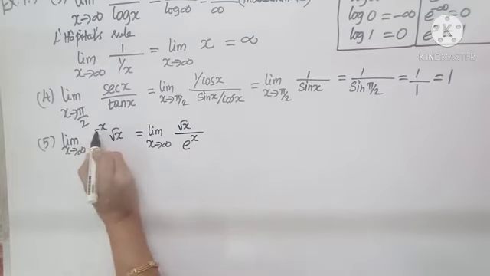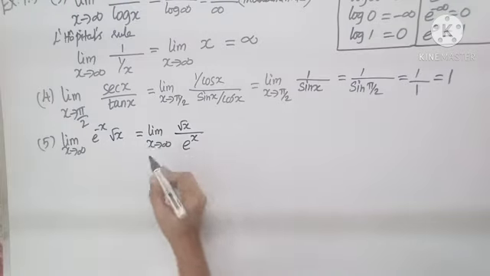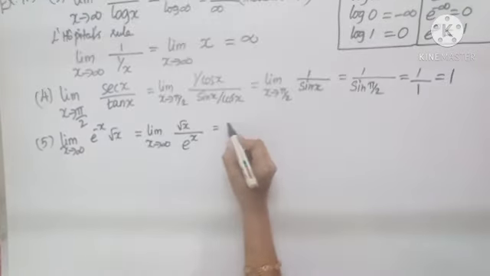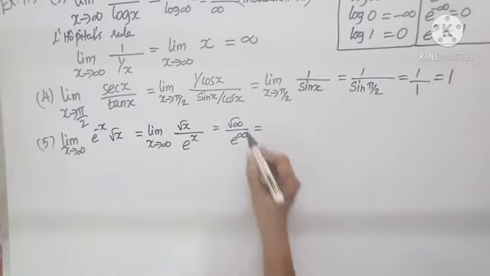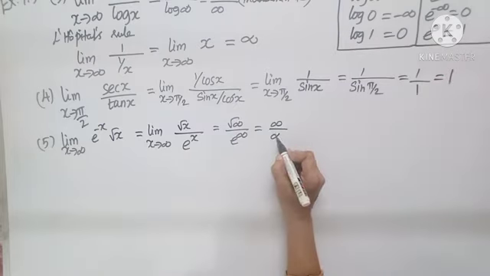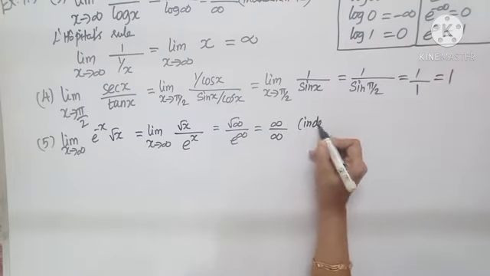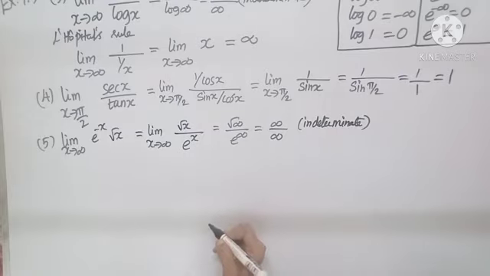E power minus x comes down as e power x. Now apply. This is root infinity by e power infinity. Root infinity is infinity. E power infinity, we already discussed, is also infinity. And so this becomes an indeterminate form.